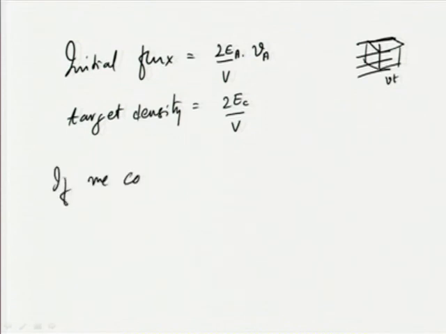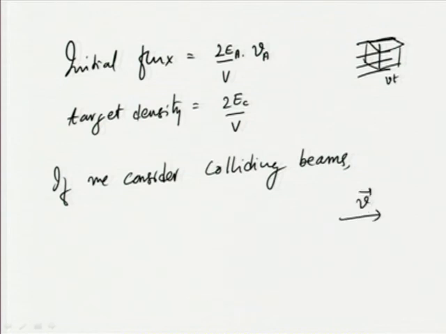Now, if we consider colliding beams, then this V is actually the relative velocity. So, there are two particles, one going with the velocity V A, the other going with the velocity V C. So, in the rest frame of the C type of particle, the other beam will have velocity V equal to V A minus V C, right.